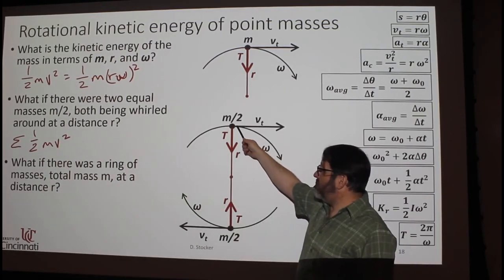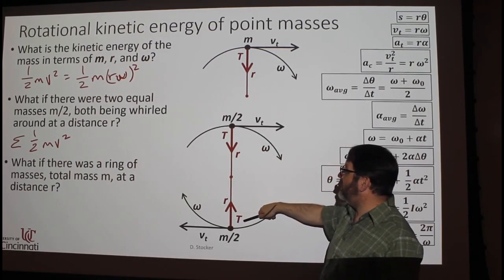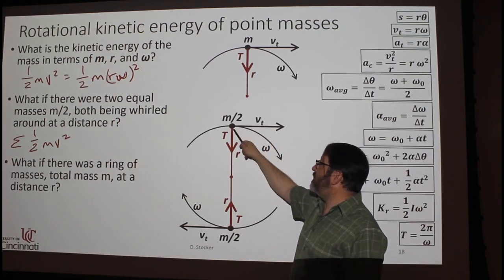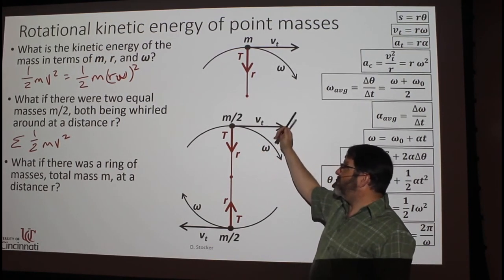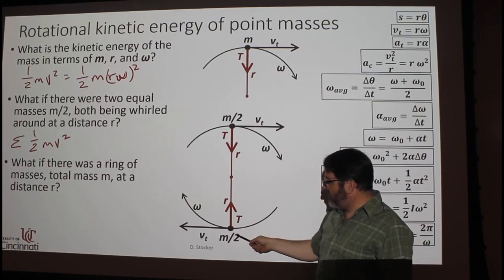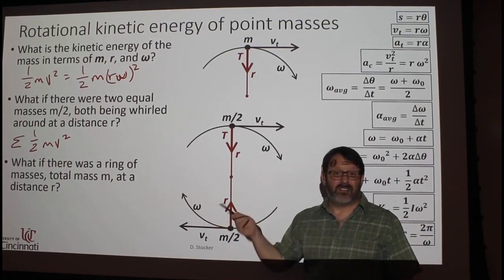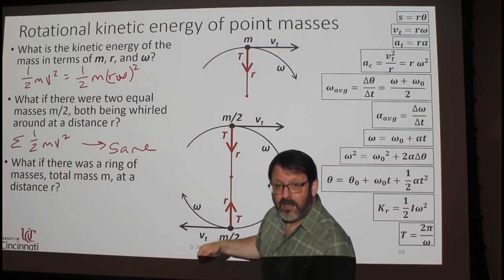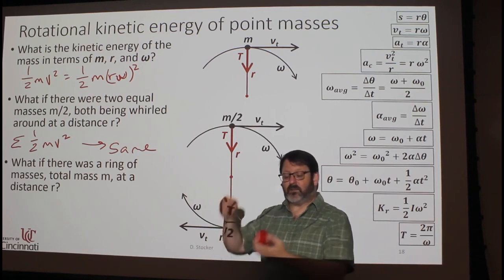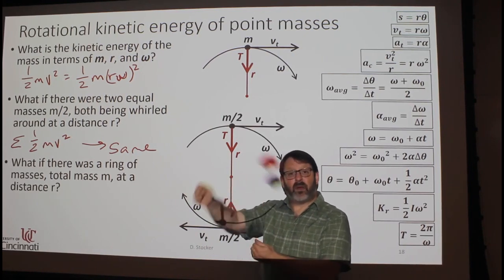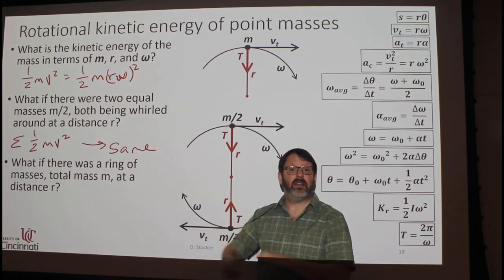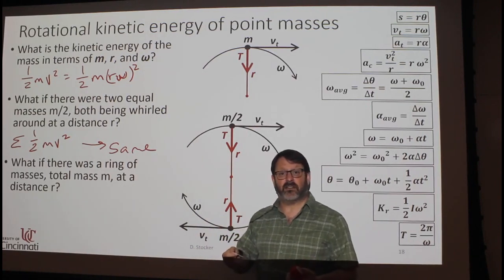There's an m over 2 here, an m over 2 here. If we add an m over 2 v squared to an m over 2 v squared, it should be the same. If I took my single ball and split it into two half balls, spun both of them around at the same speed, it would have the same kinetic energy.